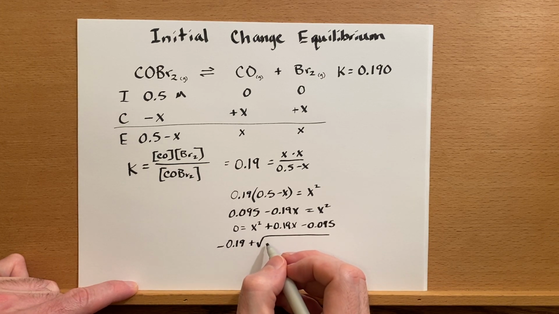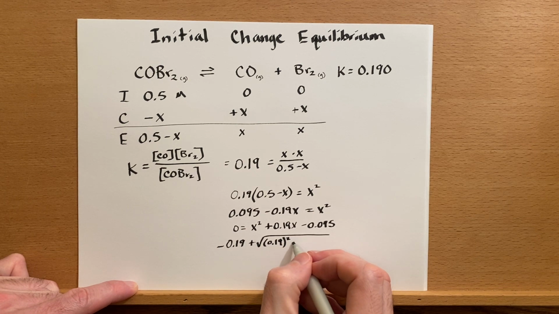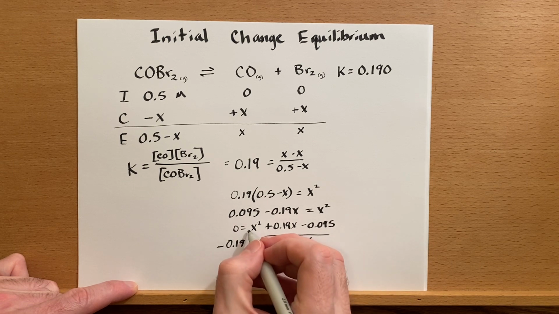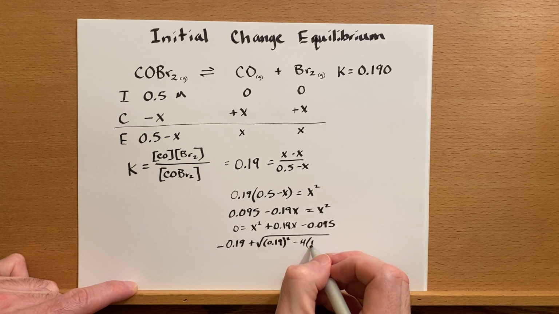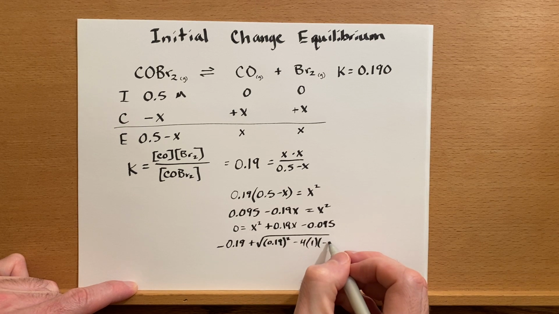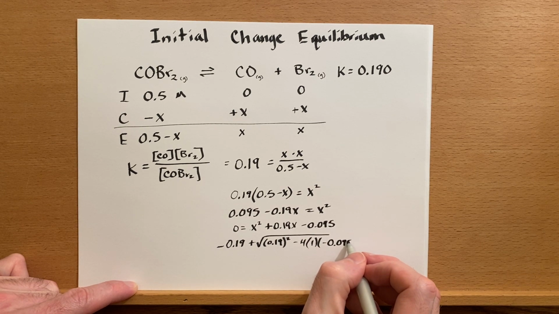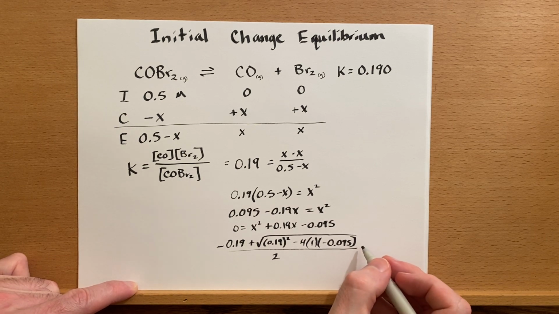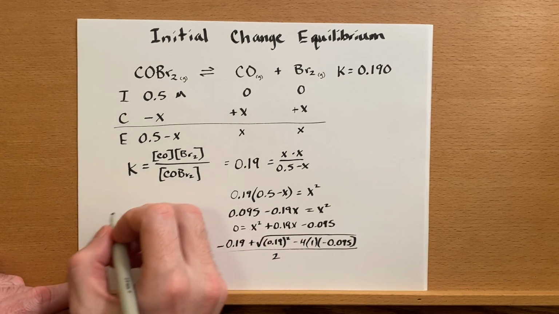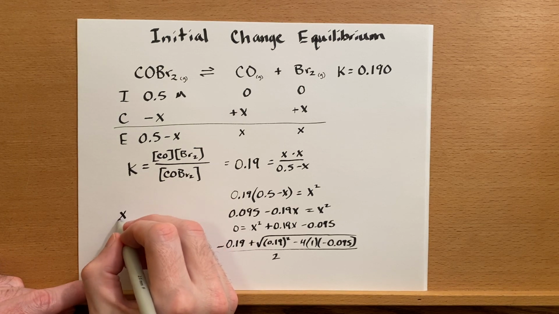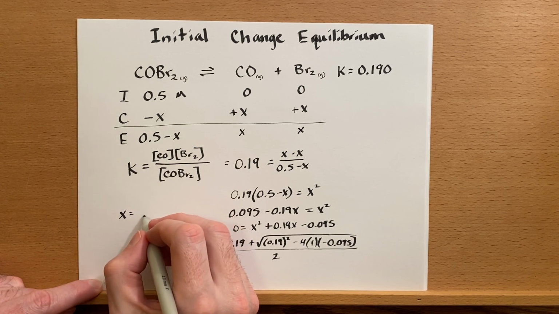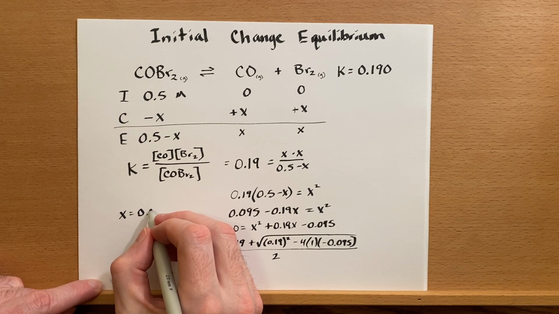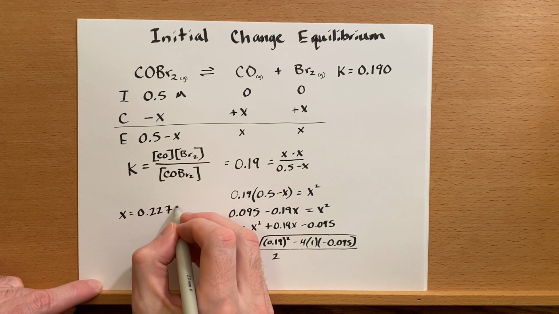Square root of B squared minus 4 times A times C, all over 2 times A, which is just 2. And if we solve that out, we should get X is equal to 0.2275.